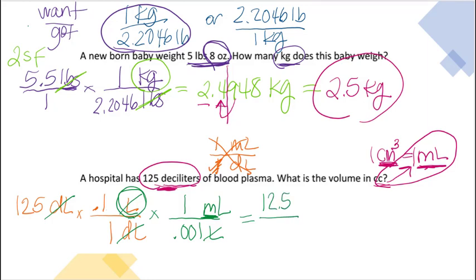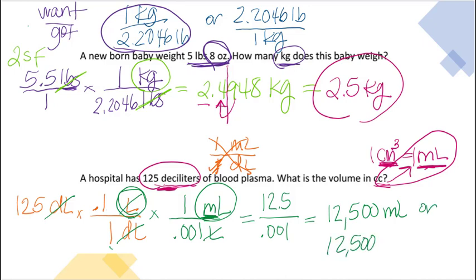And then I'm going to do 1 times 0.001. Now I'm going to do my total top divided by total bottom. So 12.5 divided by 0.001, and I get 12,500. The only unit left is milliliters. Again, or we could say that's 12,500 cc's.